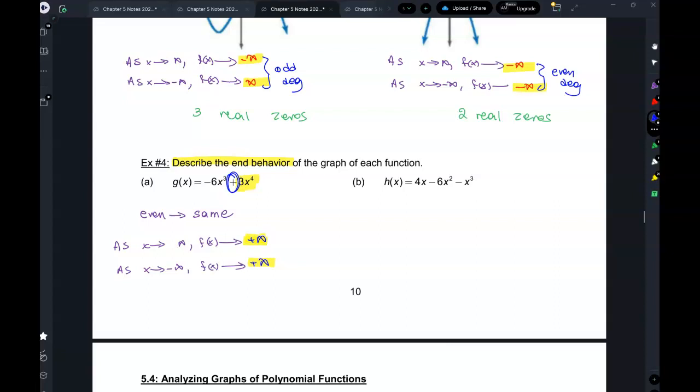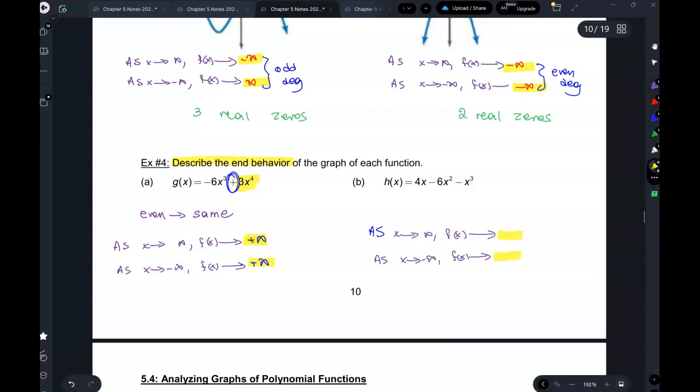Okay, so now let's do the next one. As x approaches infinity, f of x approaches what? As x approaches negative infinity, f of x approaches what? Okay, now look. What's the highest degree here? 3. So look, because it's odd, they're going to be opposite.